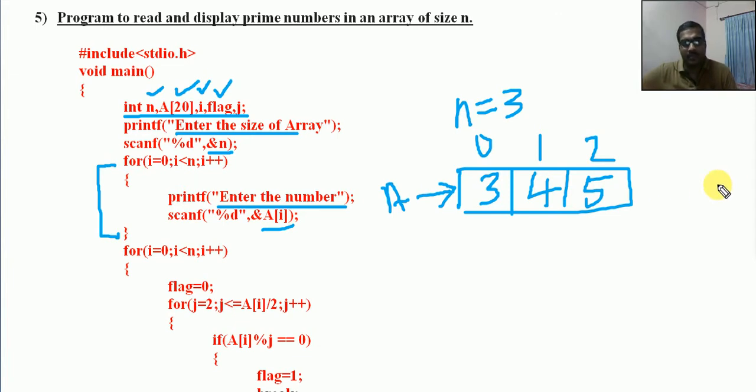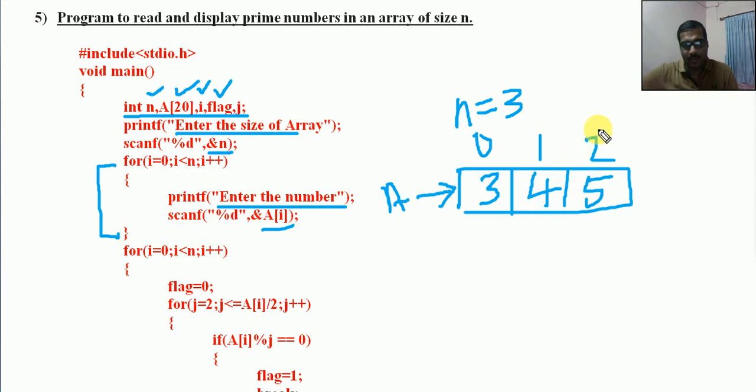So our aim is to find the prime numbers present in this particular array. So we need to check one by one. First of all, reach the first location 0, check whether 3 is prime or not. Then come to the next location, check whether 4 is prime or not. If it is prime, just print that.